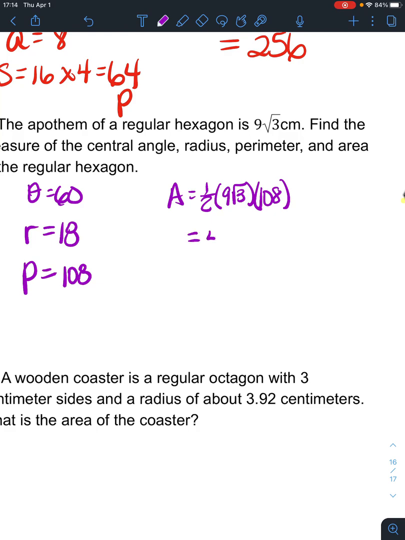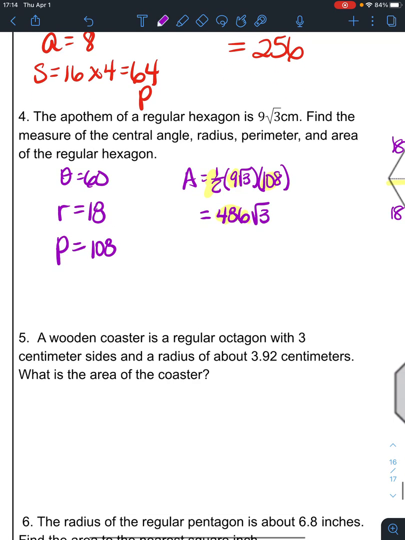You would do all of the math, 1/2 times 9 times 108, and you get 486, and then we're going to keep the √3, because that leaves it exact. So 108 times 9 divided by 2, you have 486. Then we didn't multiply the √3, so we just multiplied all of these pieces, and left the root the same.